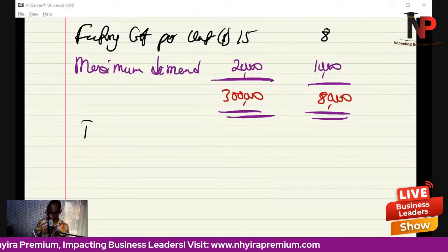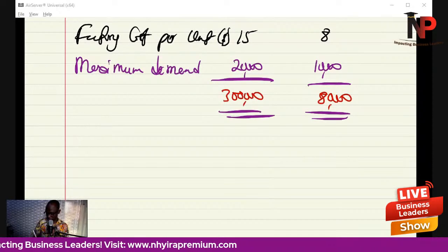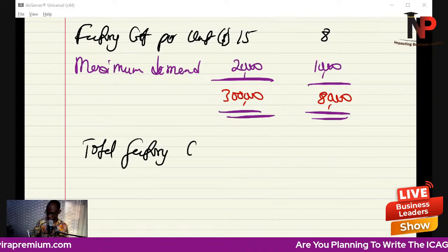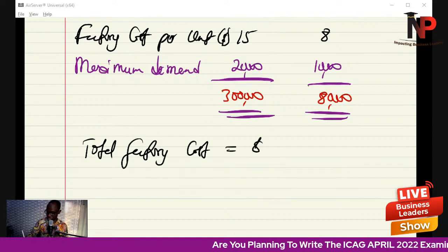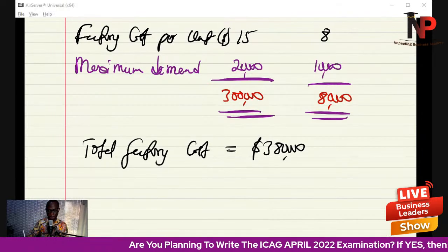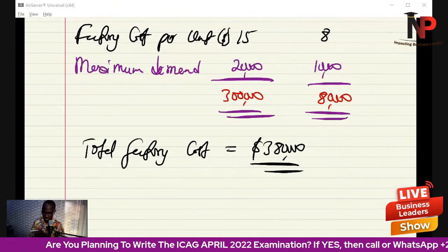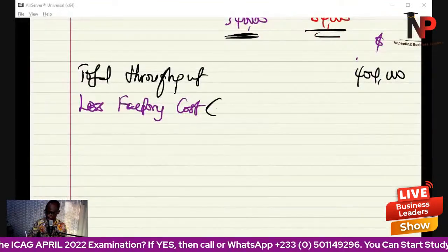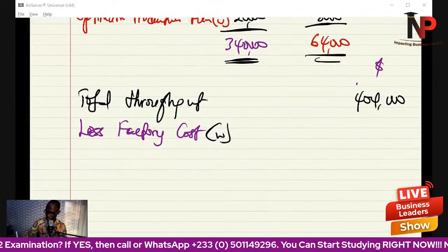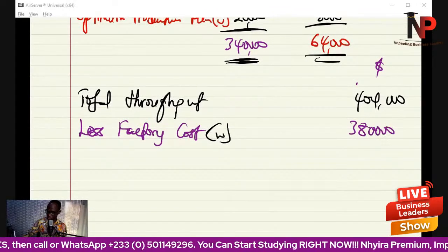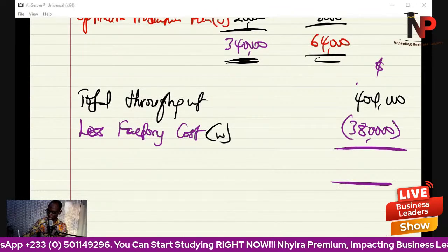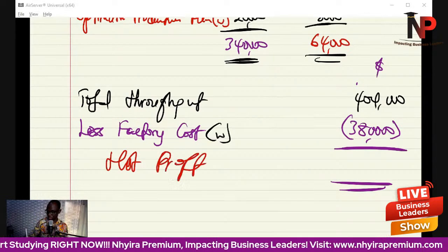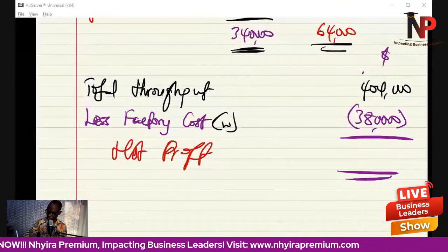So the total factory cost is going to be 380,000. Are you getting the idea? 380,000. So we're going to less that from here, and then we get our net profit, and that'll be 24,000.